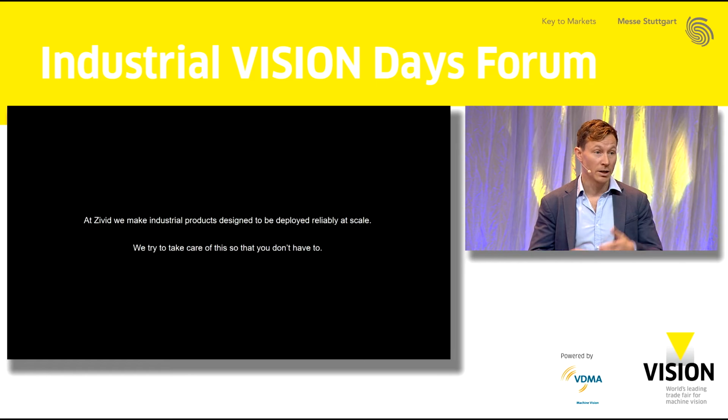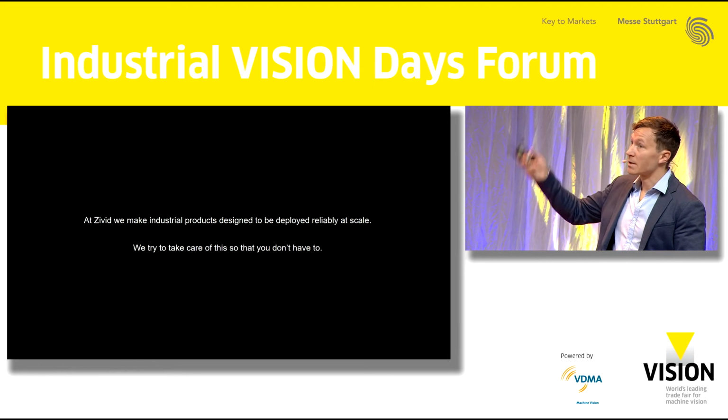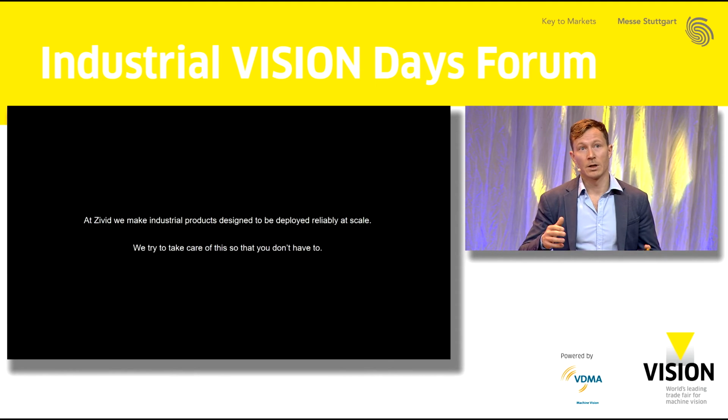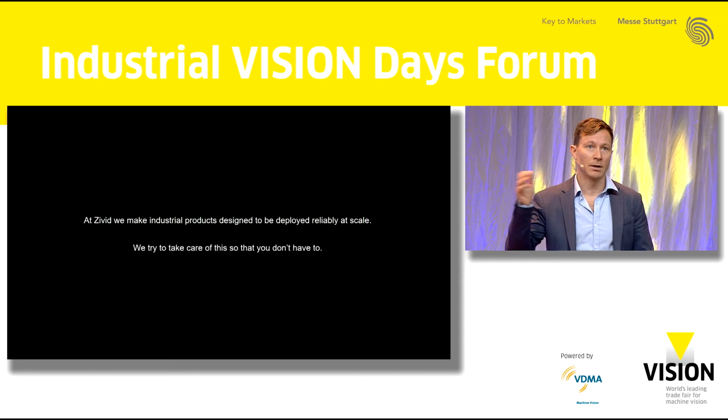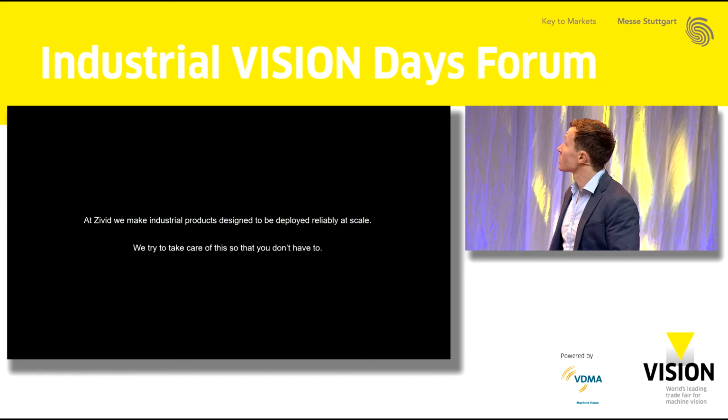So we are trying to take control of it and let you know what we can deliver, and basically so that you have transparency into how the camera works. And typically, the datasheet numbers that we show are covering sort of 95-ish% of all products. So you're most likely to have something that's within that range. And basically, we try to take care of that so you don't have to.